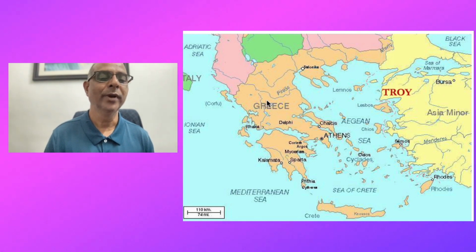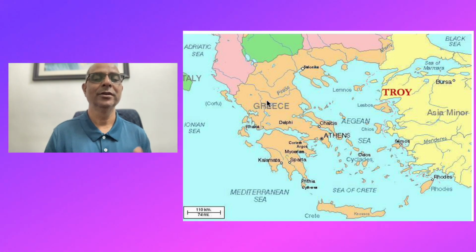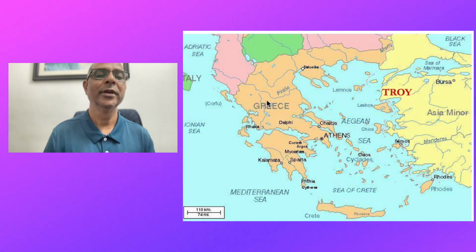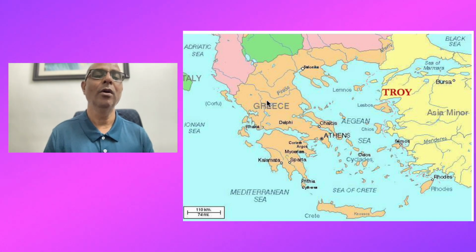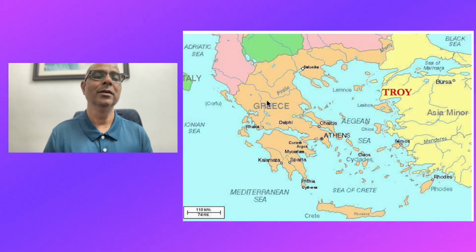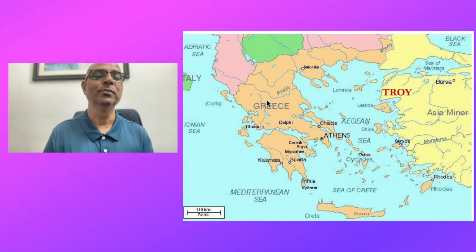So try to understand the location of this war. You see, you find Troy here. This is Troy in yellow, the Troy city state. And then on the left side you find Greece, and then below, in somewhat brown color, is Sparta.